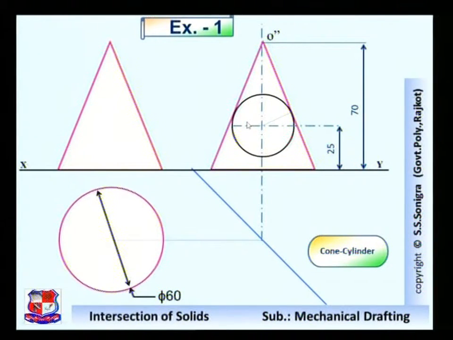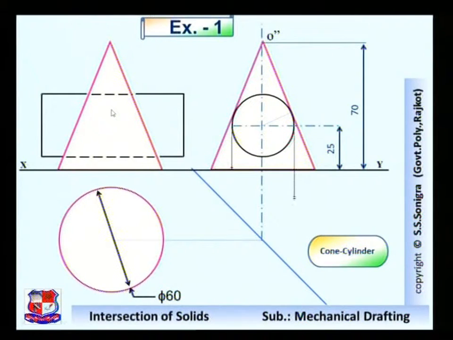Now take projection from this side view and draw its front view by drawing horizontal lines from here. Similarly, these two edges will be inside the cone, hence they will not be visible, so those edges, the upper edge and lower edge, are to be represented by dotted lines as shown over here.